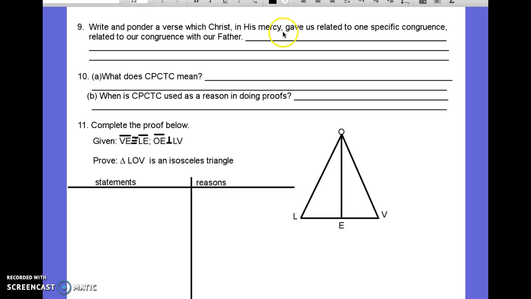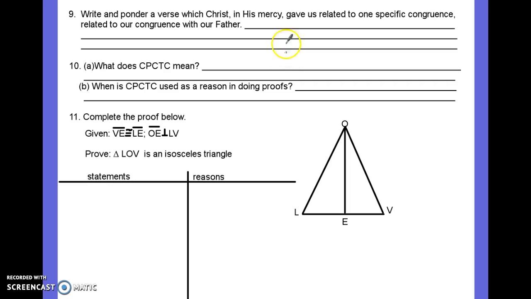God gave us, and I need to correct this. Let me go ahead and just make a quick correction here. God gave us a verse related to one specific congruence. And this congruence is related to our congruence with God.